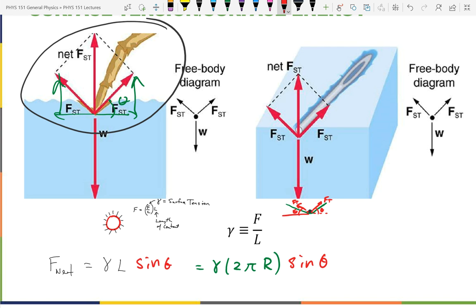So as it pushes down, the water angle goes more vertical until when you reach theta of 90 degrees, then you have the maximum upward force. You push down any more, it breaks the surface tension and it sinks. Once you break the surface tension, then it comes down to density if it's going to float or not.